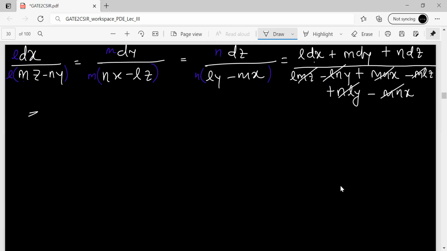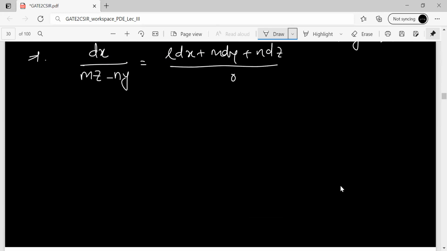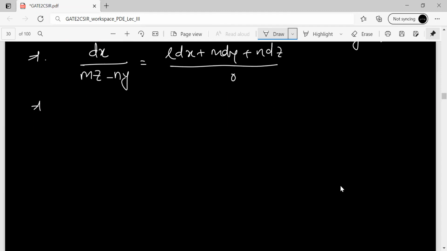Now I know that you can consider any of them, but I usually have the habit of writing the first one. It equals l dx plus m dy plus n dz the whole upon 0. In the next step, you can simply write l dx plus m dy plus n dz equals 0.